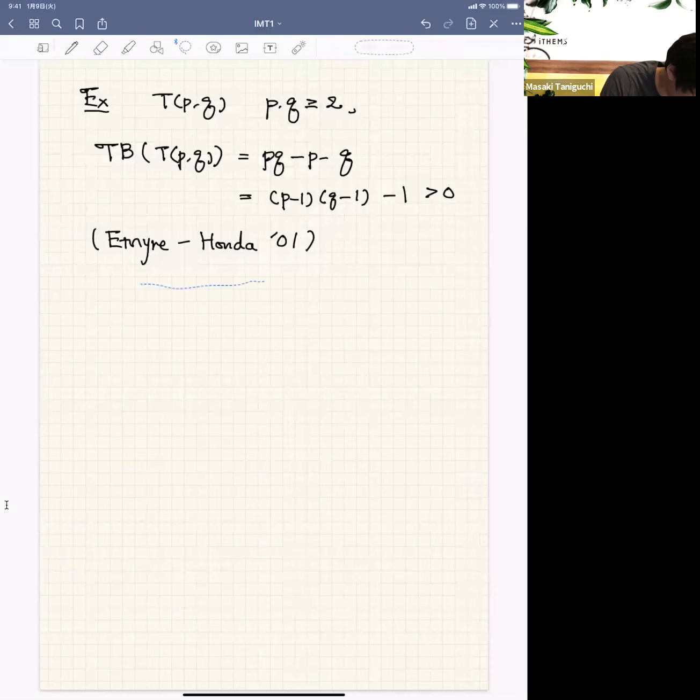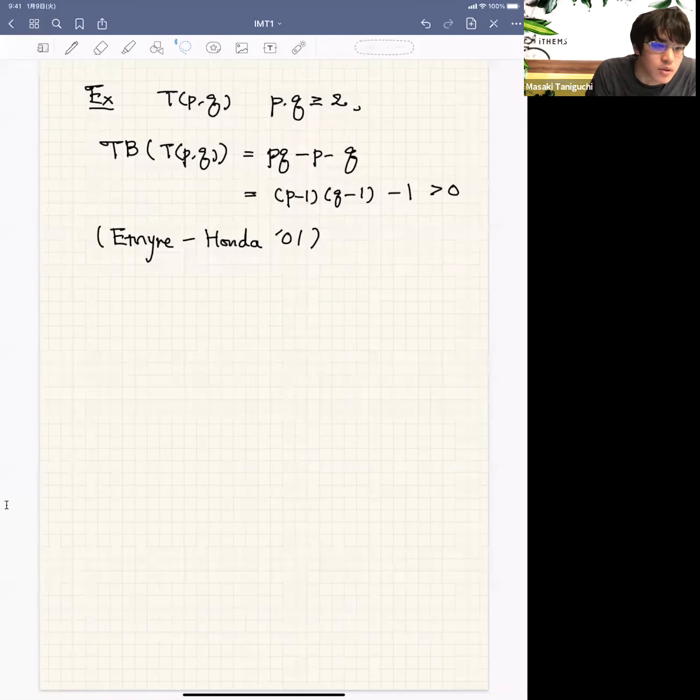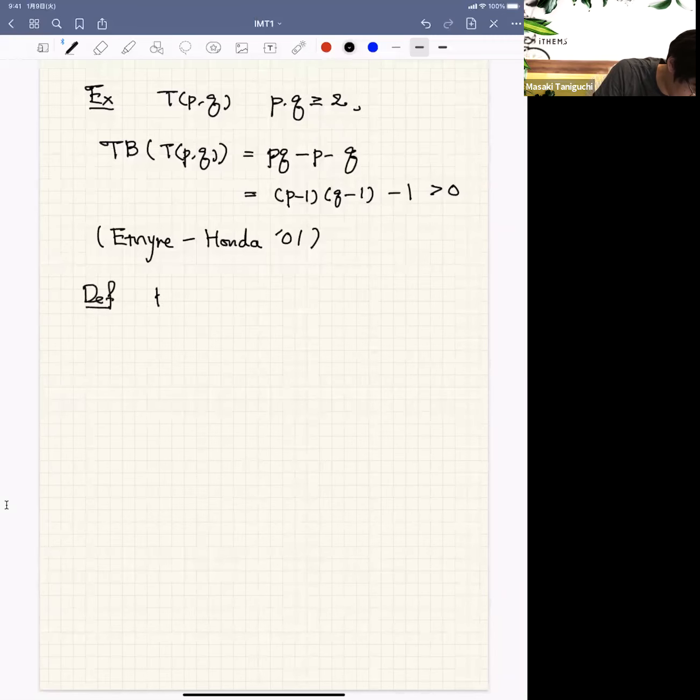In order to consider an interesting sequence of knots, we consider the Whitehead double. So let K be a knot in S3.